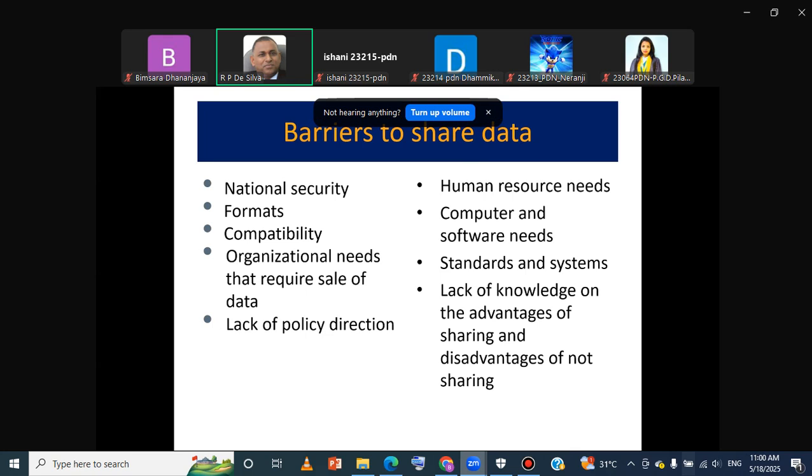What are the barriers to share data? The barriers related to national security.